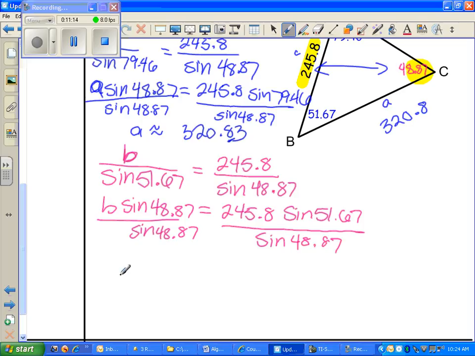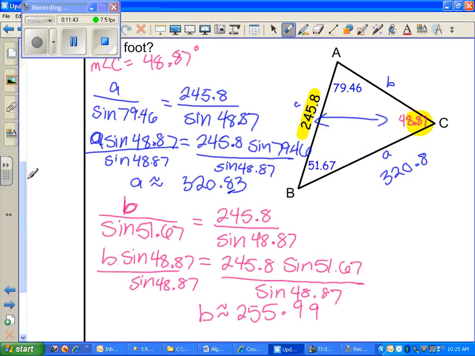So in my calculator, 245.8 sine 51.67, and divide that by sine of 48.87. 255.99. So that is side B. And those are the three things that we had to find for that one.